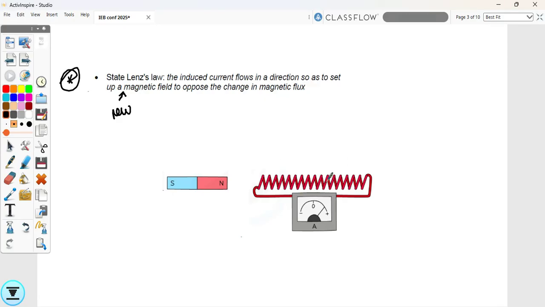And then obviously we're using our right-hand law to get the direction, the North Pole and the South Pole there. But just adding that little word there, I found works very well, that they realize it's a new magnetic field that is created to oppose the change in magnetic flux.